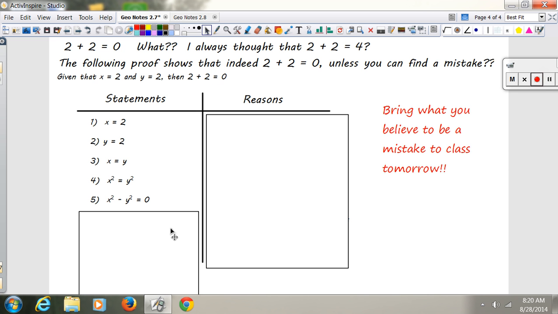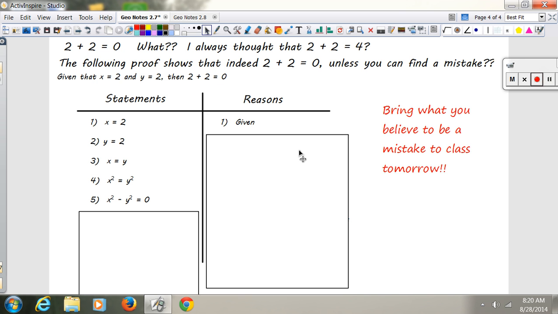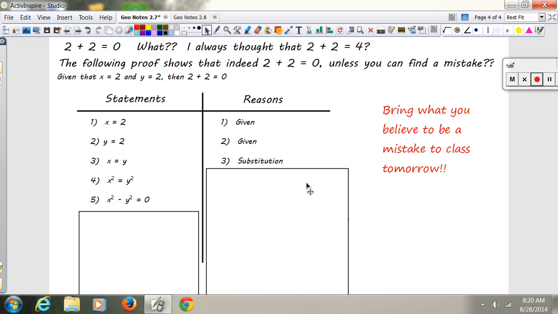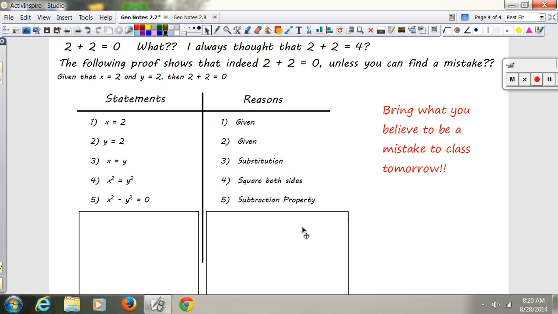Subtract y squared on both sides. We good? Okay, so let's start filling these. These are both given. This one was substitution. This one was squaring both sides. And that was subtracting on both sides. So everything's good. We're just doing our algebra skills.